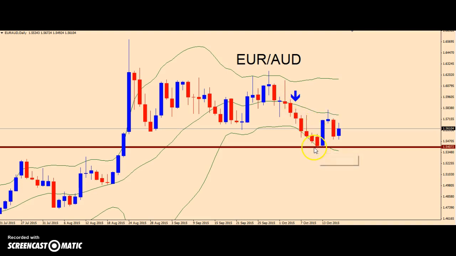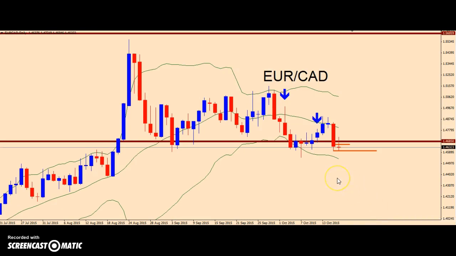Otherwise, it'll come down and stop, bang, right on your line most of the time, and then it'll bounce back up. It won't continue. So that's a very good example. Have a look at that on your charts, and you see that quite often.